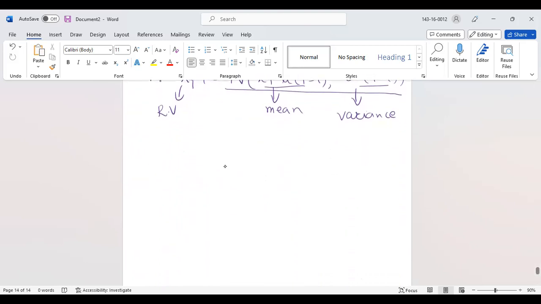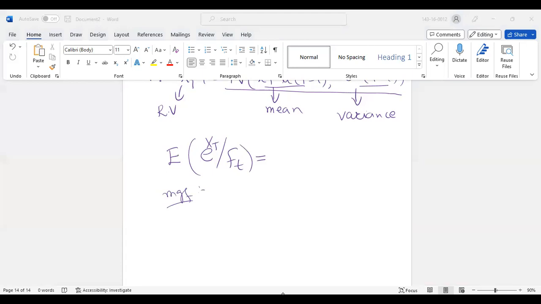Fine. So now come to this e to the x of t given ft. What should this be? How to calculate this? Do you know anything about MGF, the moment generating function? Let me show you one relationship.